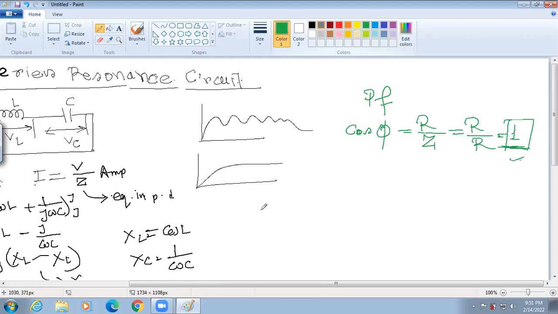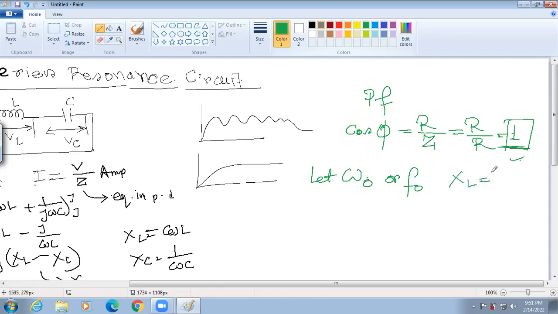The expression of the frequency of resonance can be obtained as follows. Let omega or f0 be the frequency at which XL equals XC.